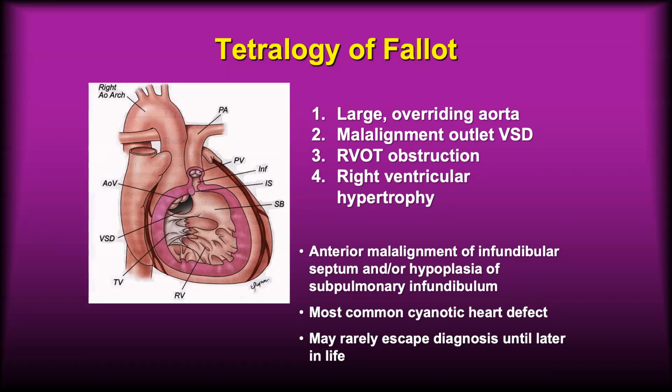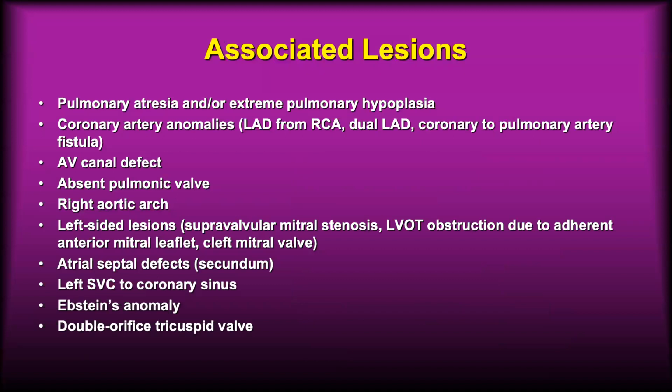Why is it cyanotic? Because I got RVOT obstruction, which raises the right-sided pressures, which is why there's RV hypertrophy, and then I got a VSD here, so that creates right to left shunt cyanosis. And there could be a lot of other stuff going on.